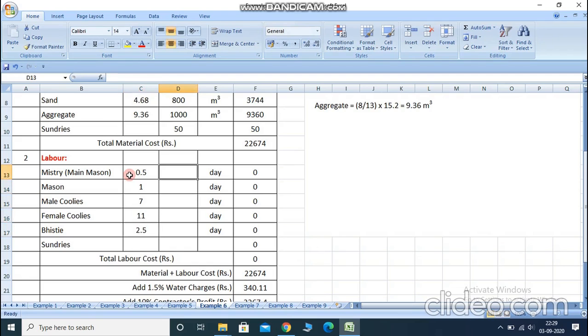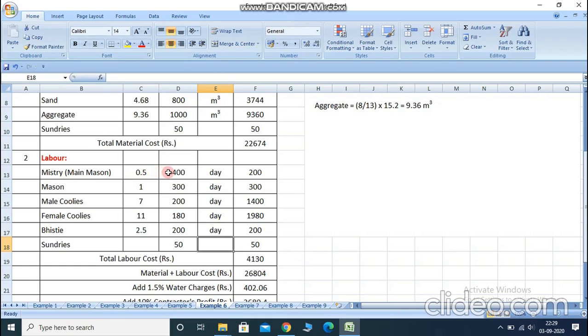As per the textbook value, we put the per day rates here. 400 head mason rate, then 300 mason rate, 200 per day rate of male coolie, 180 rupees per day of female coolie, and the Bisti rate is 200. And then 50 rupees as extra cost sundries.